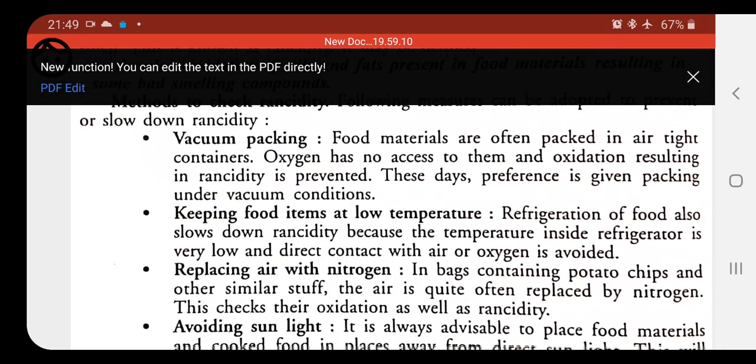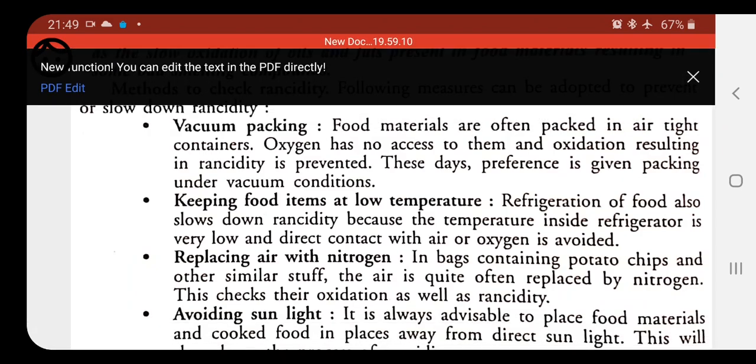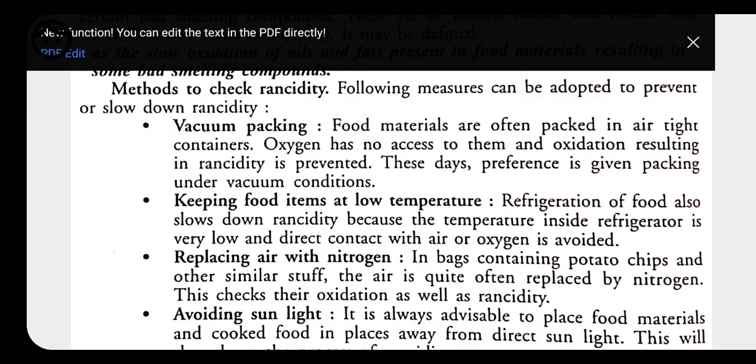Here some processes are given for how we keep anything safe from oxidation. First, vacuum packing. It means we do not allow air to come inside the container. That's why we keep food inside an airtight container. Second, keeping food items at low temperature, inside the refrigerator.